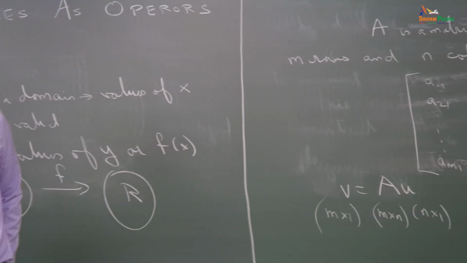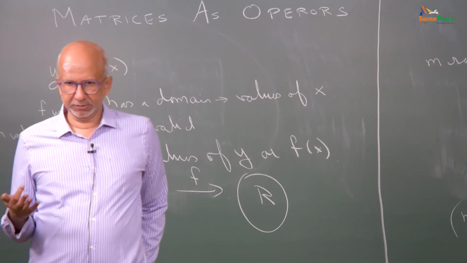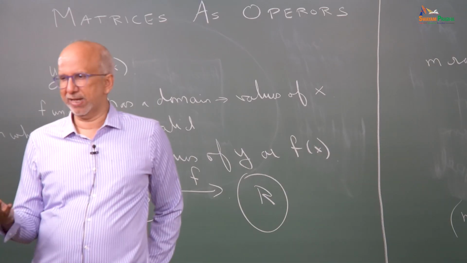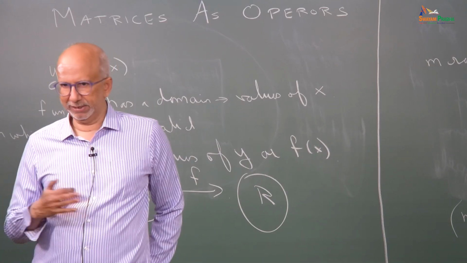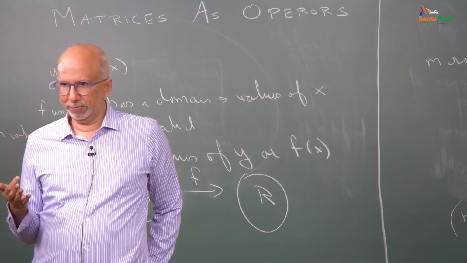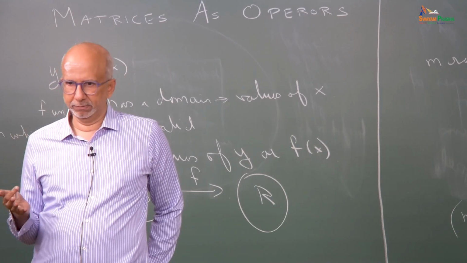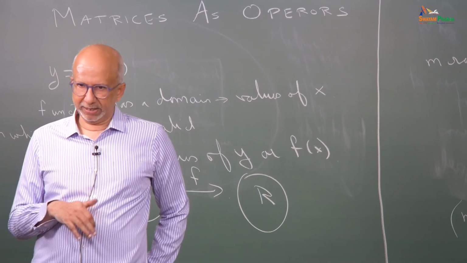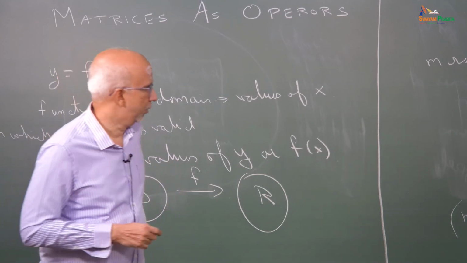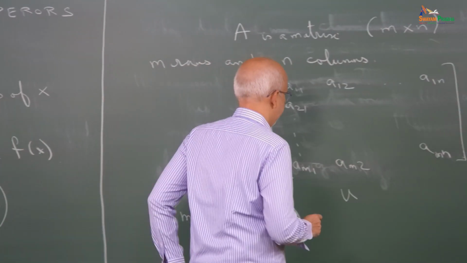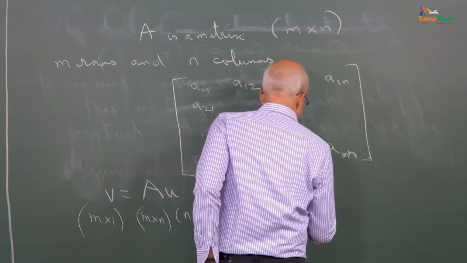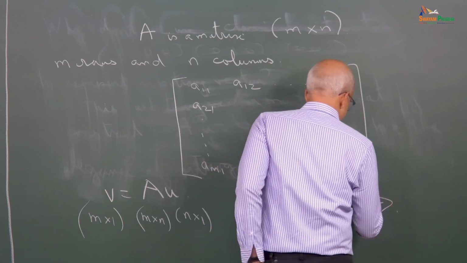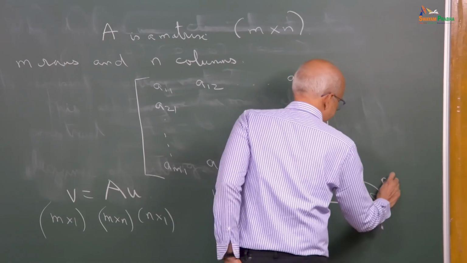So, what does the matrix do? It multiplies vectors in Rn, it acts on vectors in Rn. How is it acting? Just by matrix multiplication. So, the domain is Rn and the range you get vectors which are in Rm. Okay. So the way I look at it is A is mapping vectors in Rn to vectors in Rm.